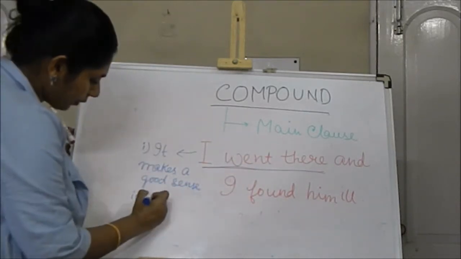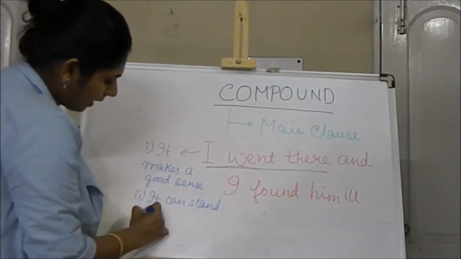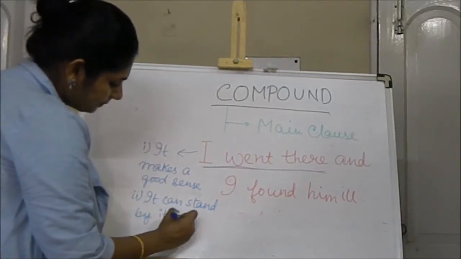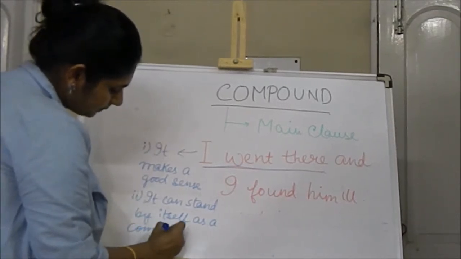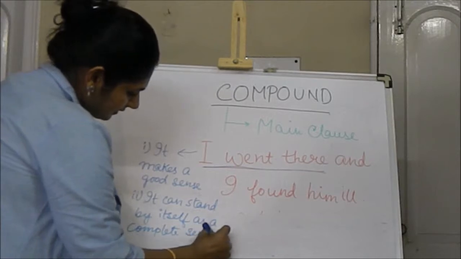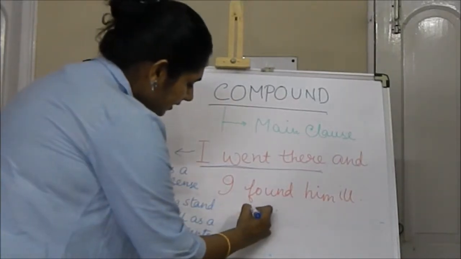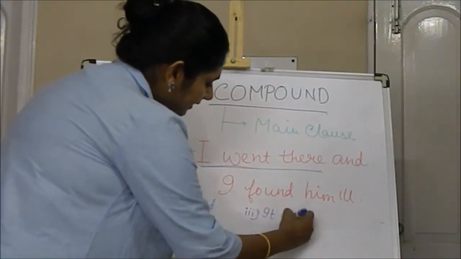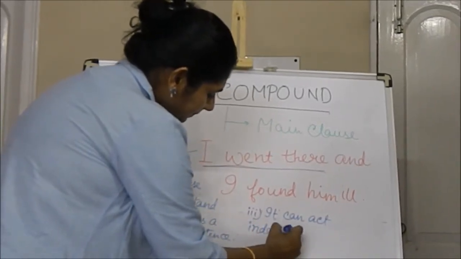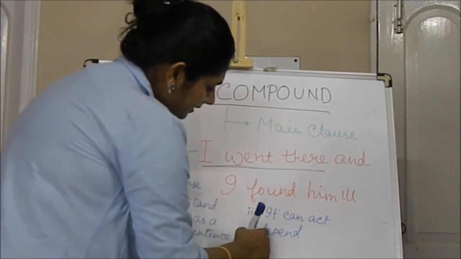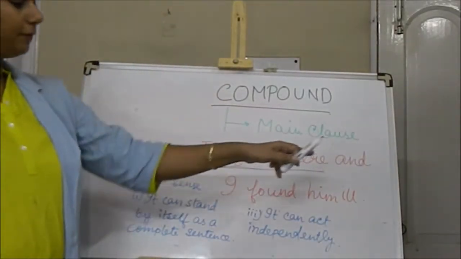This is a very important point. It can stand by itself as a complete sentence. And number 3, it can act independently. So what are the points we have got from this part?